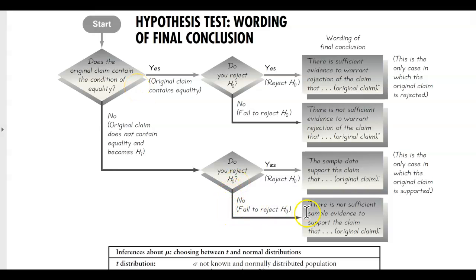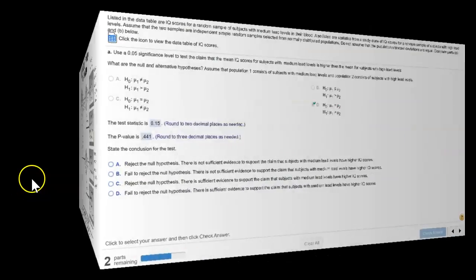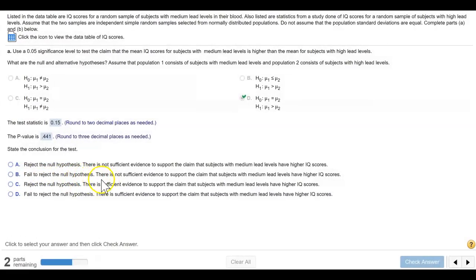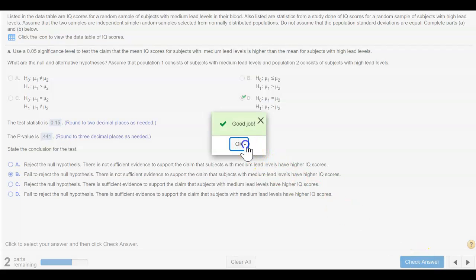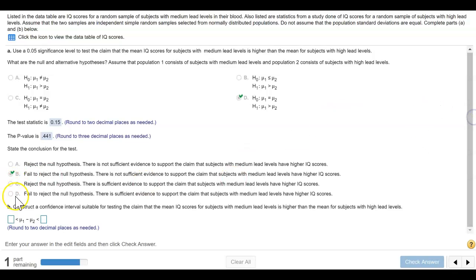No. Fail to reject. We say there is not sufficient evidence to support the claim. Fail to reject the null hypothesis. There is not sufficient evidence to support the claim. Choice B. Good job.